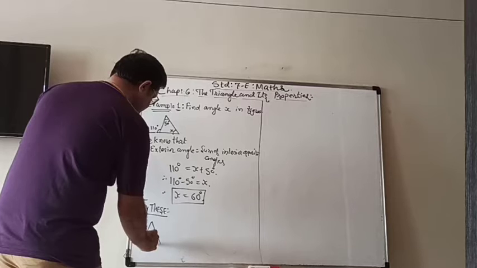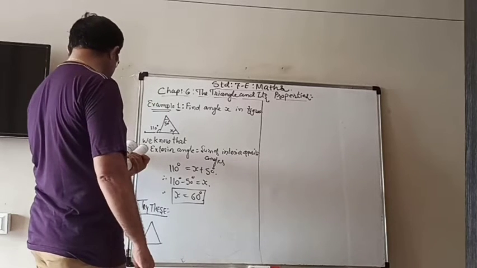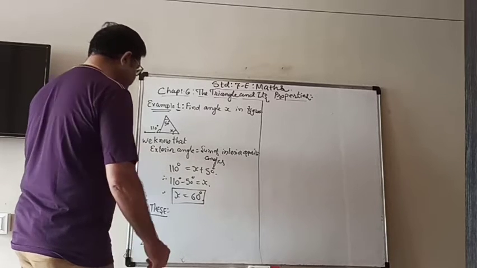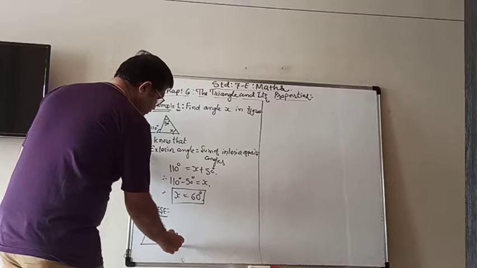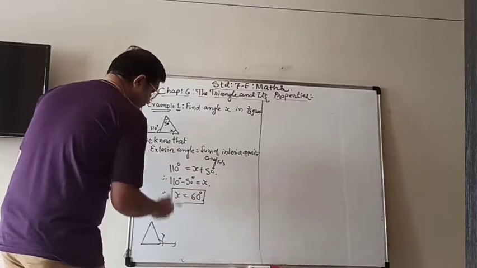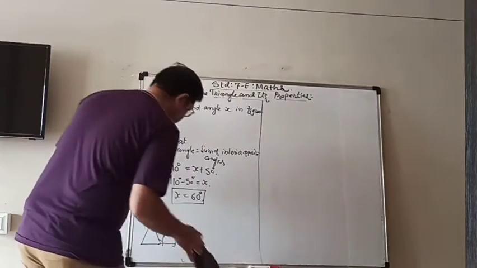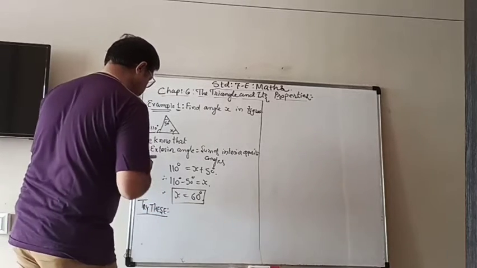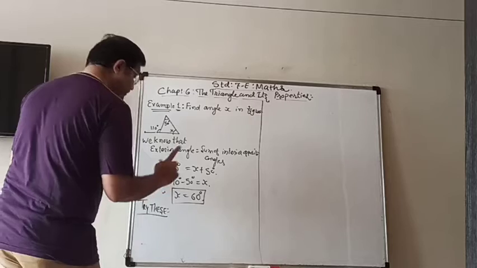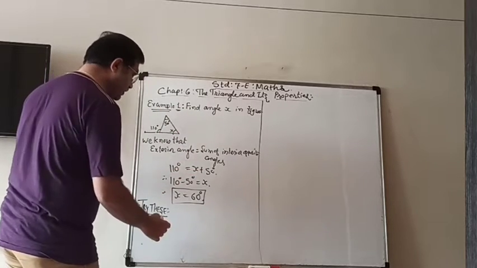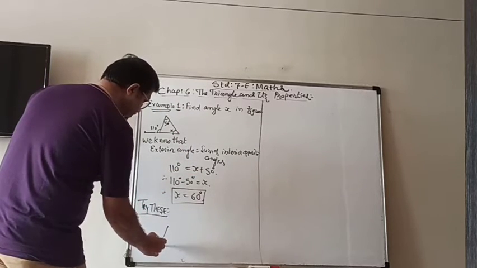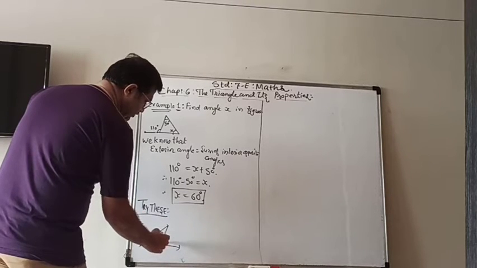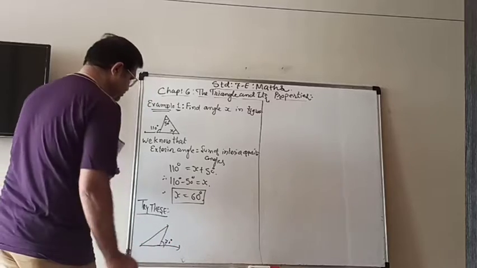So here 70 degree means an acute angle, so we have to draw differently. When the exterior angle is smaller, it means that the triangle must be an obtuse angle triangle. Then and only then that can be 70 degree.